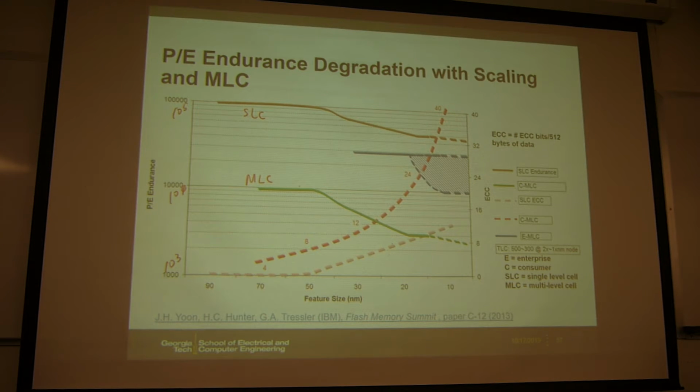Of course, this is not the end of the day, because even if you have errors, in the system you will employ the ECC, error correction code, to correct the error. But of course, if you have lower endurance cycles, you are going to spend more on the ECC.